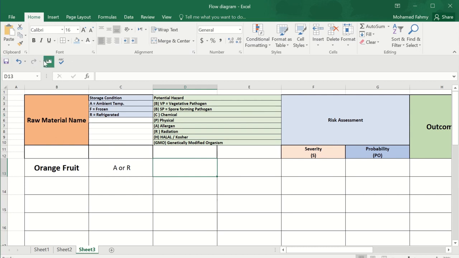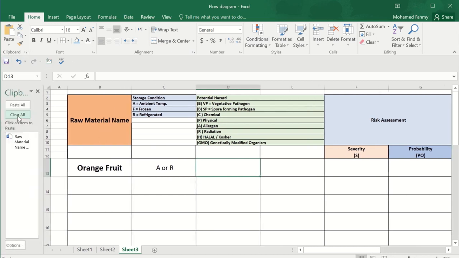Now we'll use our clipboard. I have trained you before how to use your clipboard.